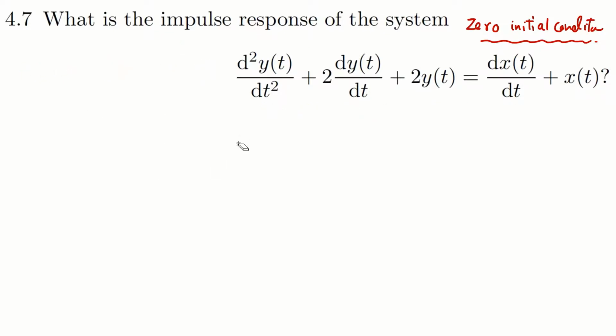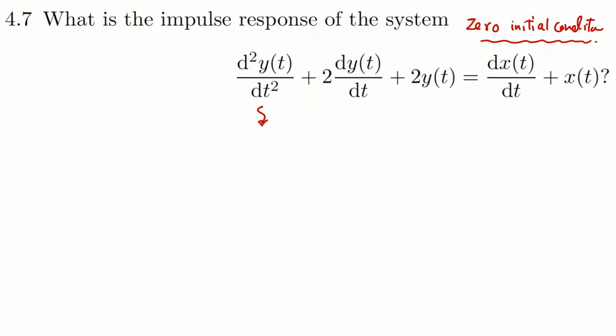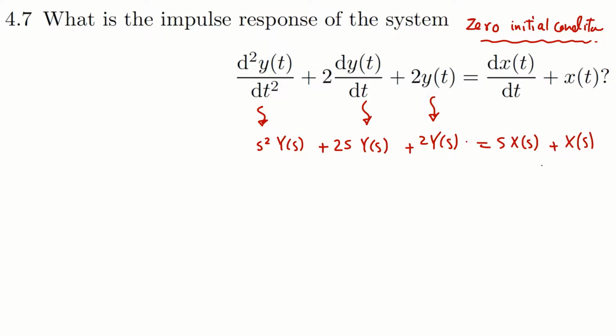So if I follow that, then we would have s squared Y of s plus 2 times s times Y of s plus 2 times Y of s equals, writing the corresponding Laplace transform of each part, s X of s plus X of s.